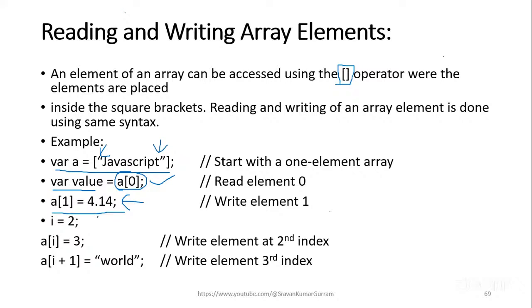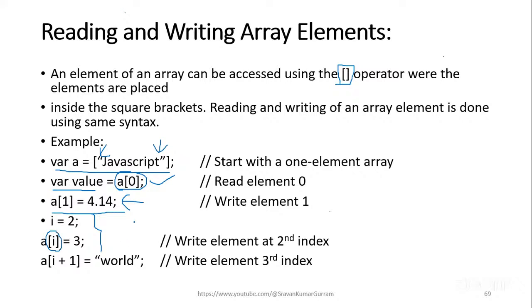Next, let me show you one more example here. I is assigned to a normal variable, and we use A of I. The array name is A, I value is 2. So A of 2 equals 3. The meaning of that is we are going to store the element 3 at the second index. Like that also we can use the indexes.